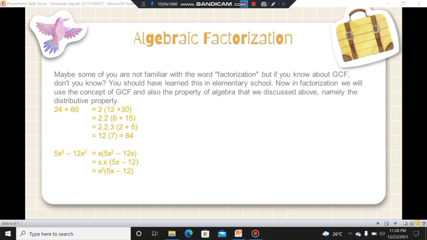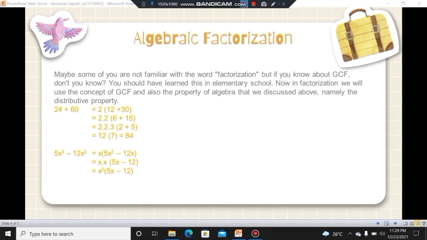Then the numbers 12 and 30 can be factored by simplifying to 2 times 2 in parentheses 6 plus 15. And it turns out the 6 and 15 can be factored by simplifying to 2 times 2 times 3 in parentheses 2 plus 5. Now this cannot be simplified anymore.